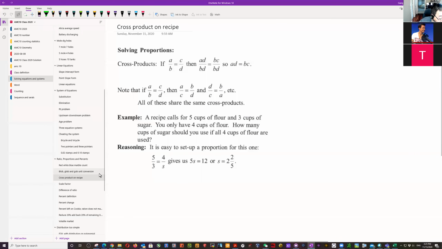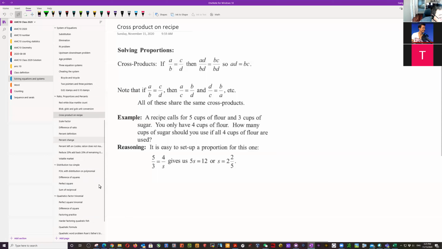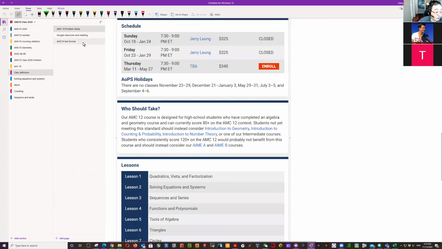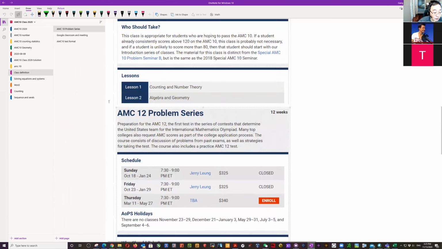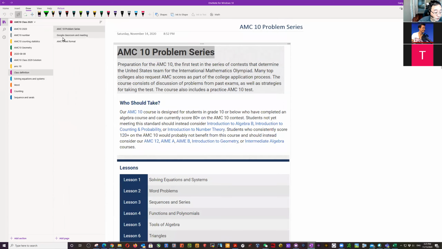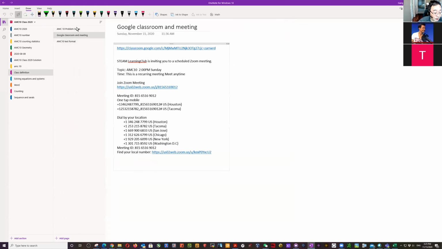And I don't think we have the time to cover the quadratic today. We have to cover quadratic because it is one of the requirements for AMC. But we will just switch content around, because it's very hard to cover those problems without the class definition.